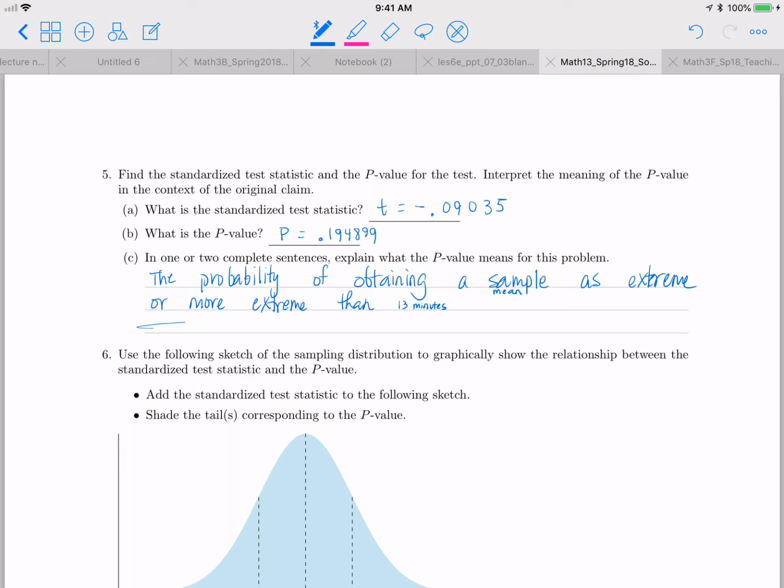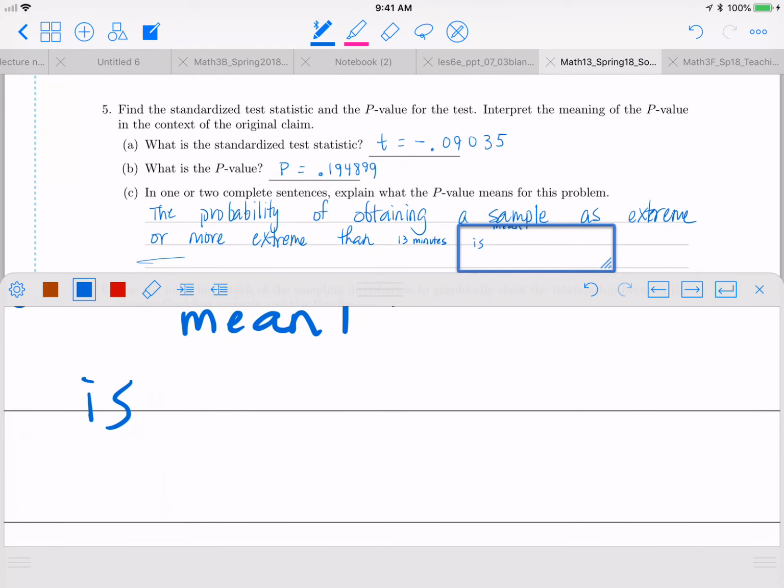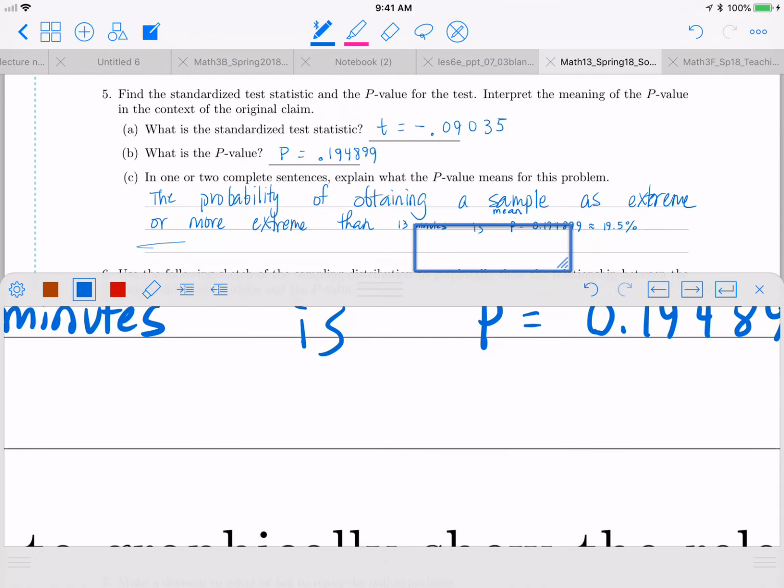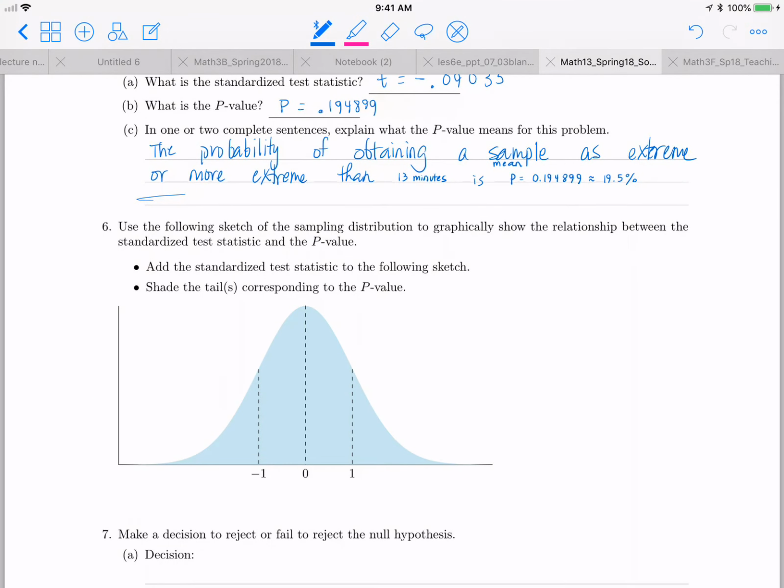So the probability of obtaining a sample as extreme or more extreme than 13 minutes is p equals 0.194899, which is about 19.5%. Okay, now use the following sketch to graphically show the relationship between the standardized test statistic and the p-value.